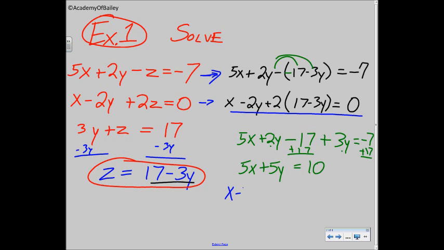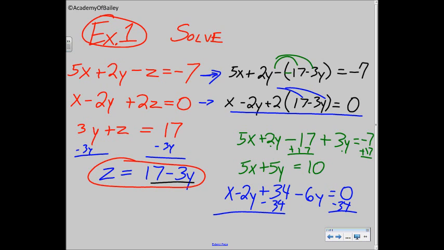We have x minus 2y, and then we're going to distribute the 2 to everything inside, giving us 34 and negative 6y. That's all equal to 0. Get rid of that 0 so we can stop saying it. Well, subtract 34, and we do not have that anymore.